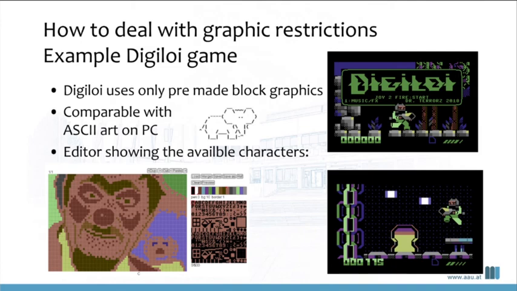So you see this clown on the left side, that was drawn just with these block graphics, and then using just the 16 available colors. You also see them here. And it's comparable with the ASCII art we have on PC. But the block graphics actually have a number of characters that are a little bit better suited, so you can make really interesting graphics there.